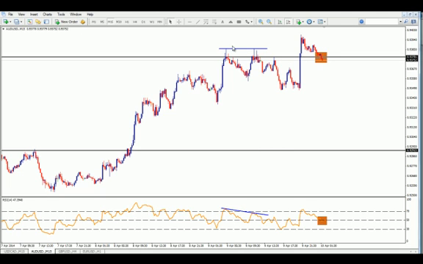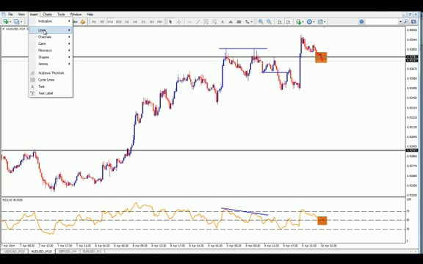This is a mild divergence. And we are in an uptrend because we are making higher lows. When price breaks this low right here, which is the last low, we have a signal to buy puts.